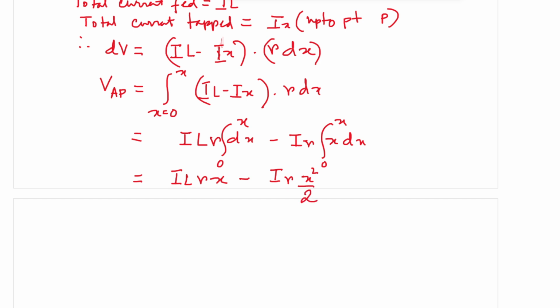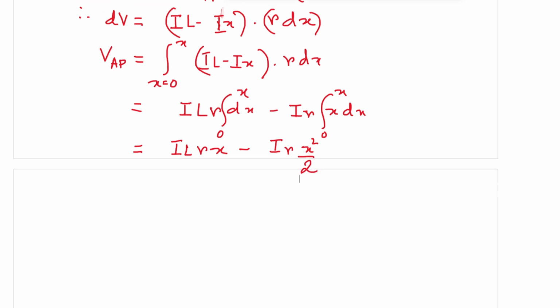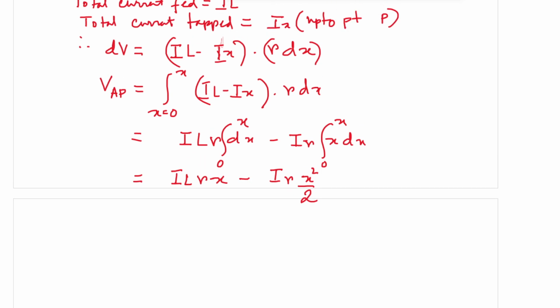So this is the voltage drop up to section AP, VAP. In short, if you take I R common, it is I R times (L x minus x square by 2). This is my expression.